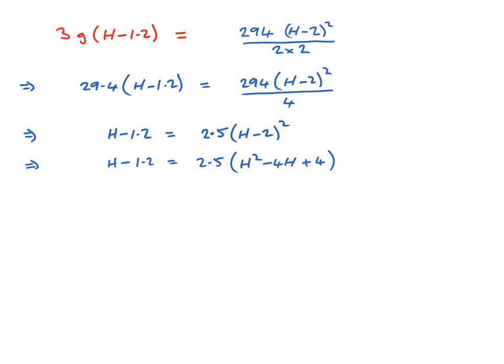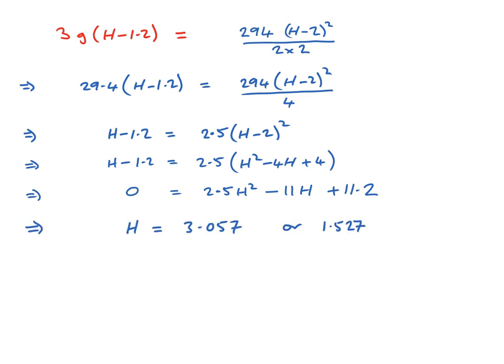Multiply the brackets out and tidy the quadratic equation up. We've got 2.5h squared minus 11h plus 11.2 must equal 0. And using our calculator to solve the quadratic equation, we end up with h is either 3.057 or 1.527.